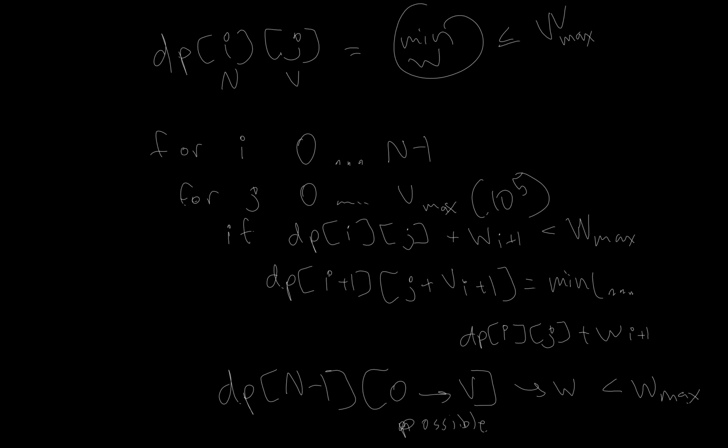There's multiple ways you can do this. The easiest way would just be to initialize this whole DP matrix to like int max, right? Except for dp[0][0], which would be, you're not including anything.